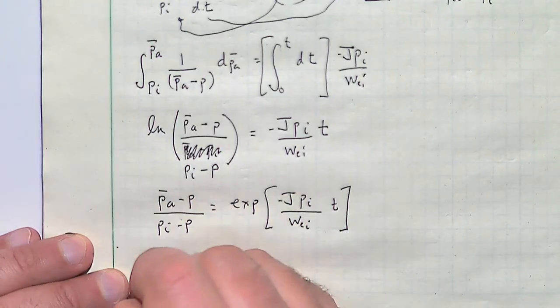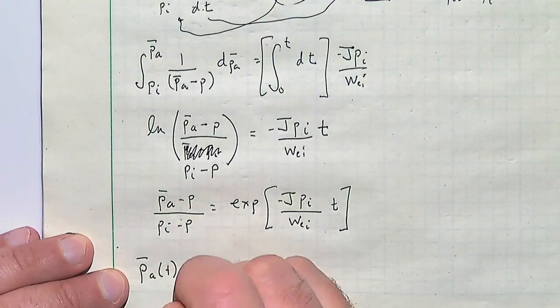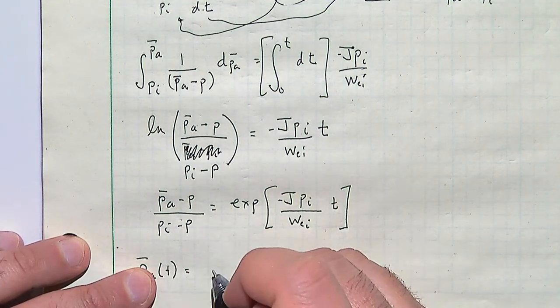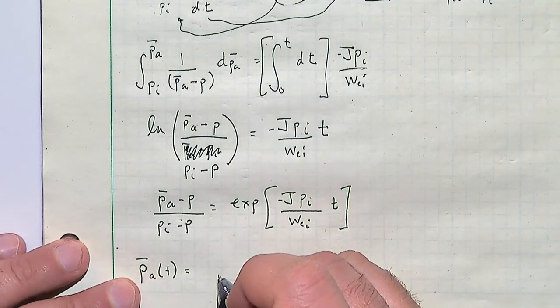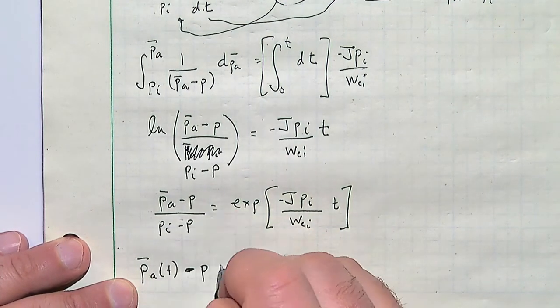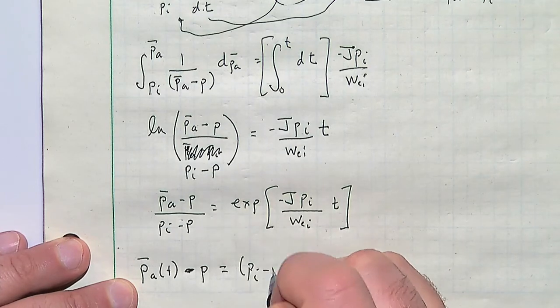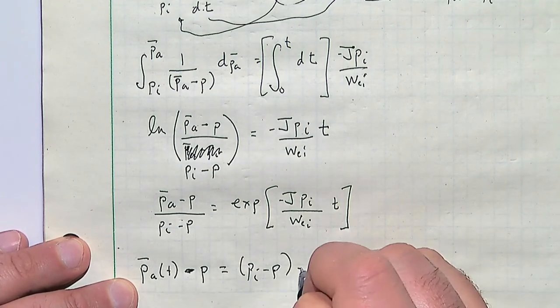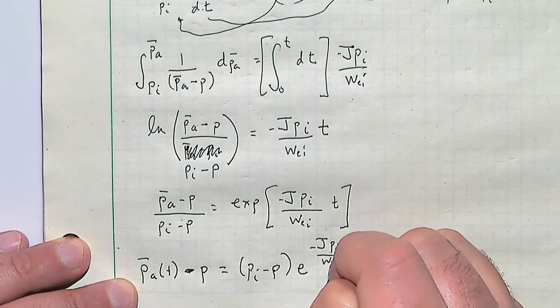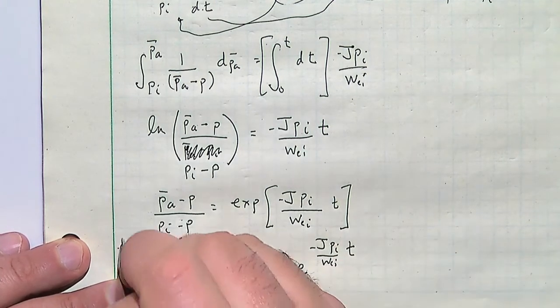I'll just leave the numerator there. PA bar minus P is equal to (PI minus P) e to the minus J PI over WEI times t.